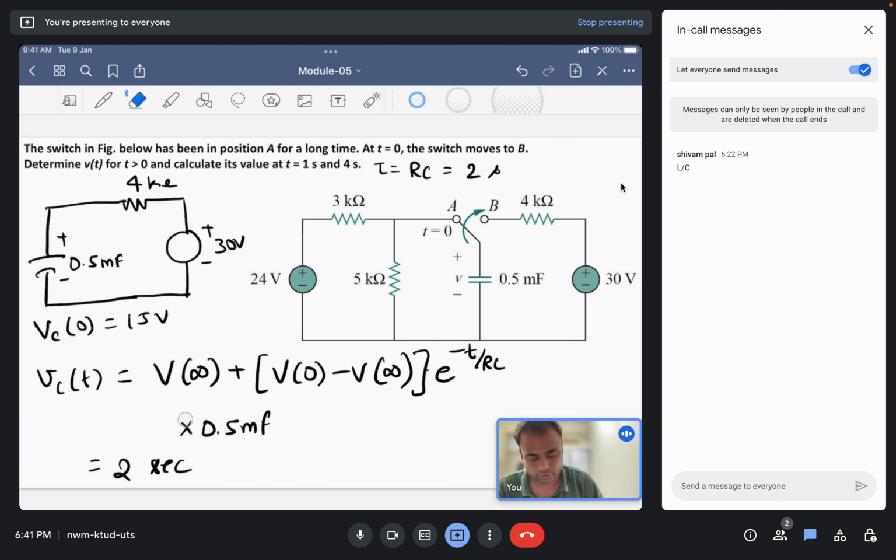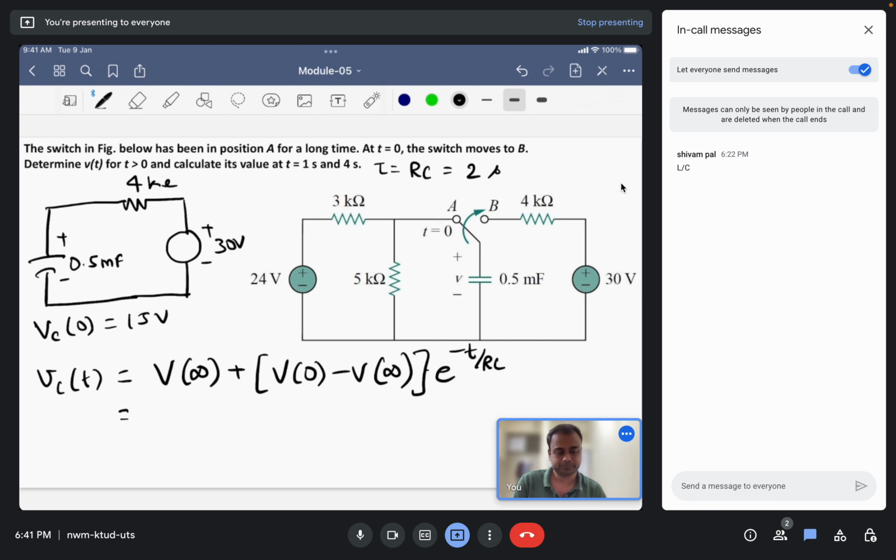So now we'll just substitute the values here. So what will be the V infinity? Since there is an external source of 30 volts, finally the voltage across the capacitor has to go to 30 volt. So V infinity will be 30, and V0 we have calculated, 15.